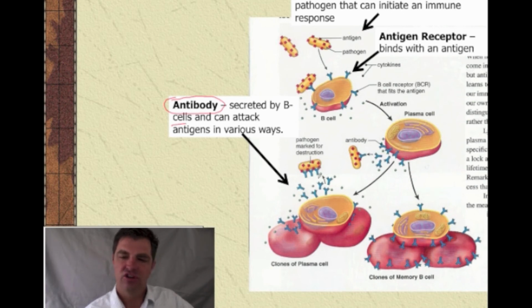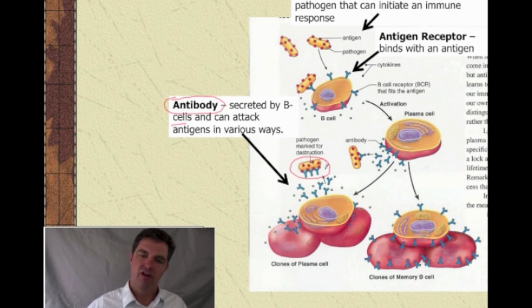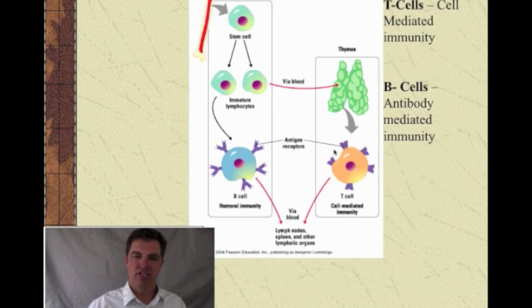In this case, they're showing you the antibodies actually binding to the antigen, and then often this thing can be eaten up, or it can be pushed out through your kidneys in your urine. There's a variety of ways actually, but once the antibodies are bound to it, the recovery from the infection is sort of well on its way at that point.